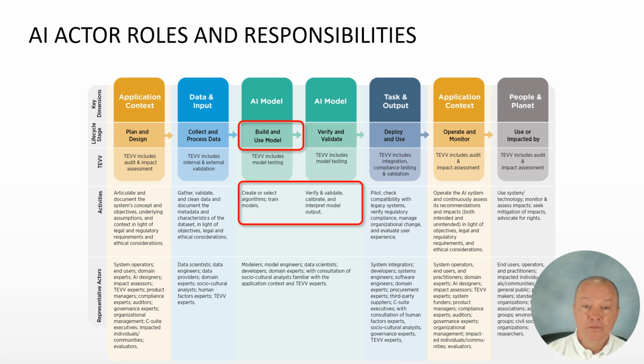And again, with verify and validate, we also have verify, validate, calibrate, and interpret model output. And this is all performed by modelers, model engineers, data scientists, developers, domain experts, with consultation again of sociocultural experts and analysts who are familiar with the application context, as well as with the TEVV experts.